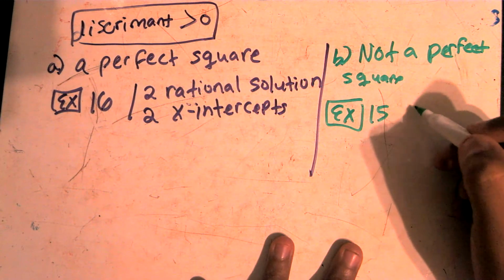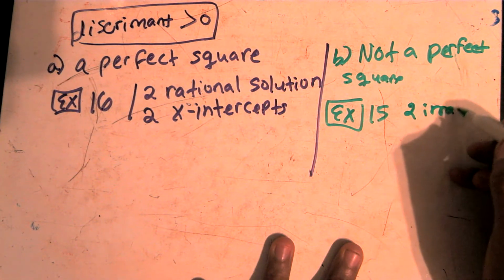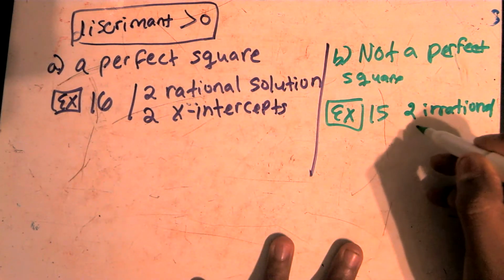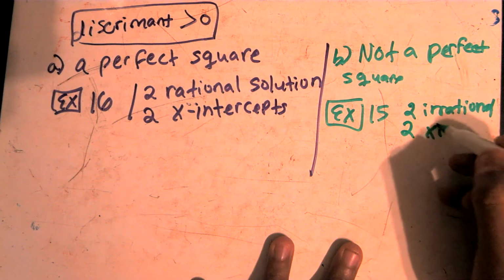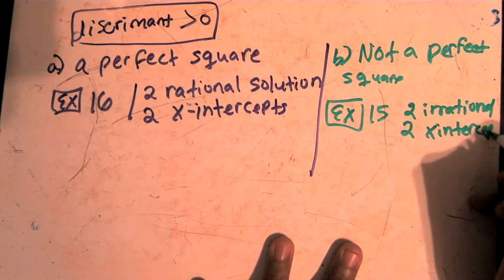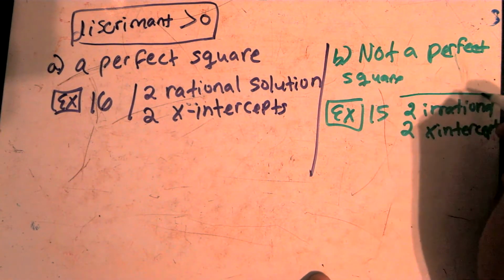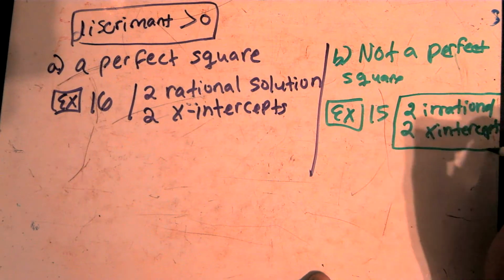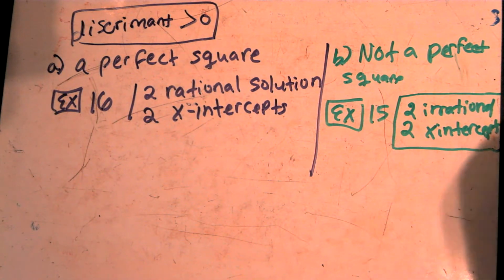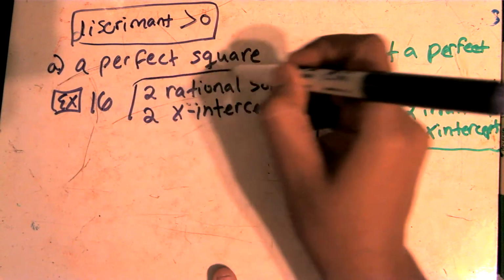Then you get two irrational solutions, and rational and irrational are real, as I mentioned. Two irrational solutions, two x-intercepts. And remember, you do have to state the intercepts and the solutions, because as we saw when the discriminant was negative, you can get solutions that aren't real, but then no intercepts.